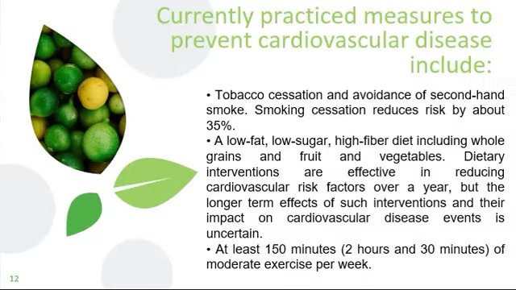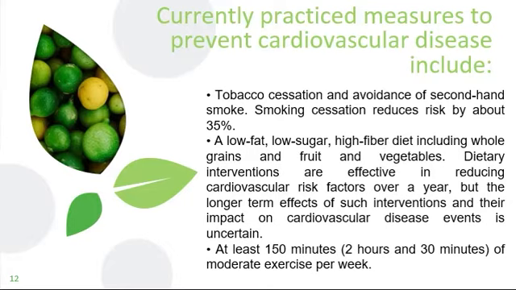Currently practiced measures to prevent cardiovascular diseases include tobacco cessation and avoidance of second-hand smoke. Smoking cessation reduces risk by about 35%. Also, a low-fat, low-sugar, high-fiber diet, including whole grains and fruit and vegetables.